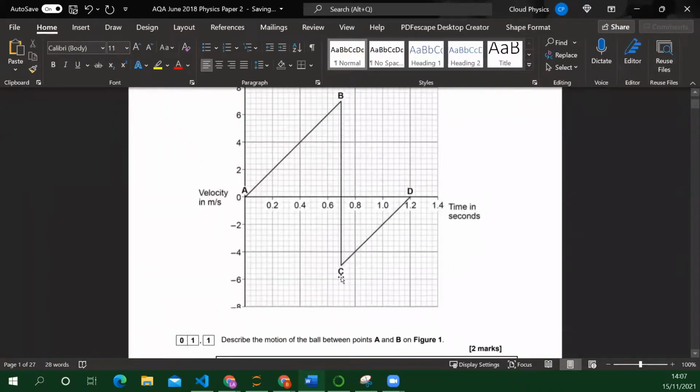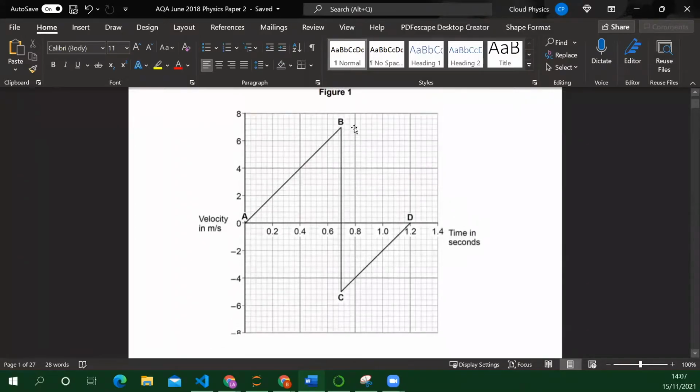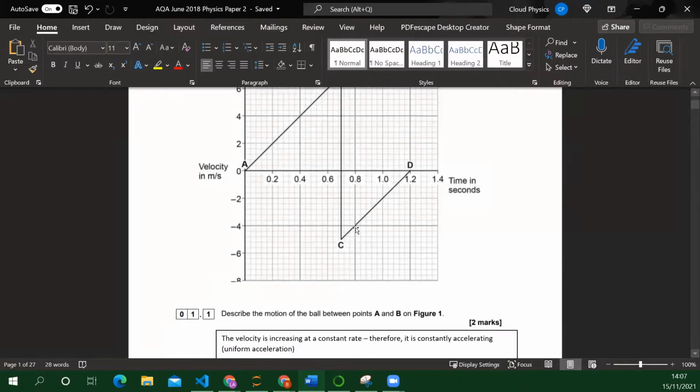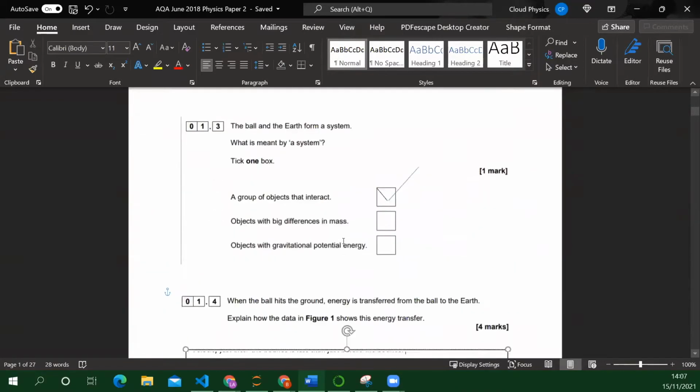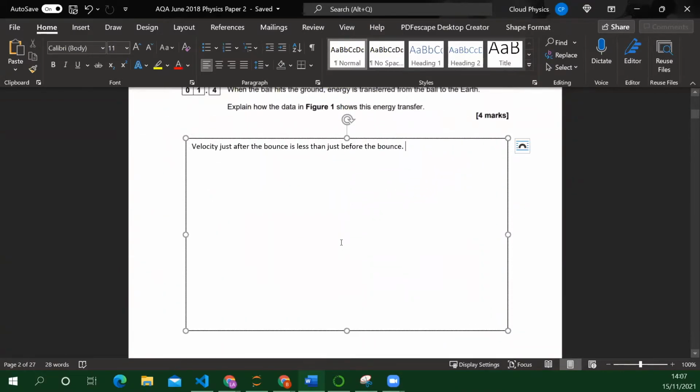This negative means a direction. Negative velocity is a different direction. It's a difference in direction rather than going back in time or something. Just before the bounce, it was about 7 meters per second, but afterwards, it's about 5, just in the other direction. So the velocity just after the bounce is less than just before the bounce.